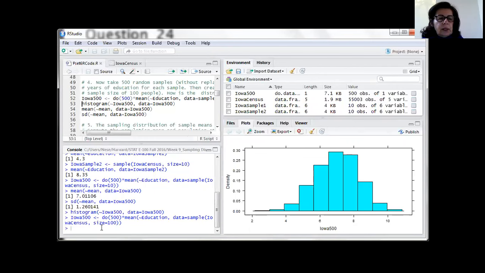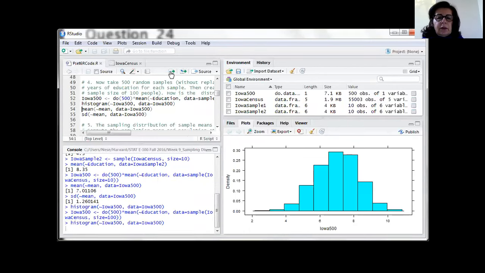This is 500 samples of size 100. And let's look at the histogram.